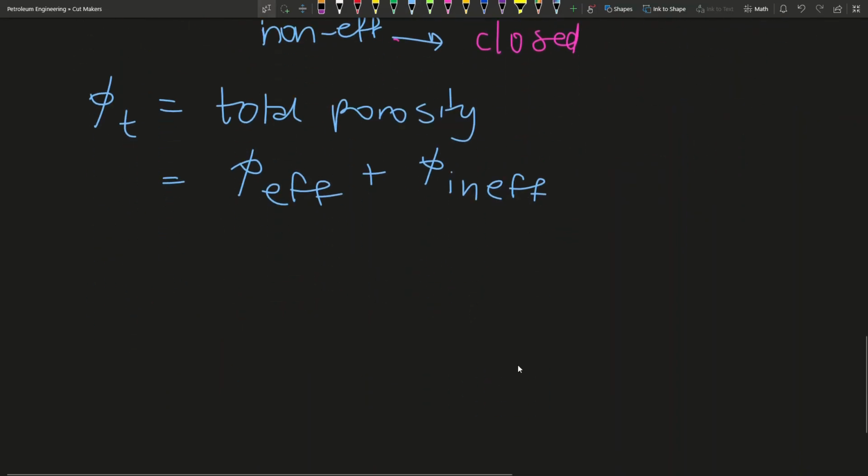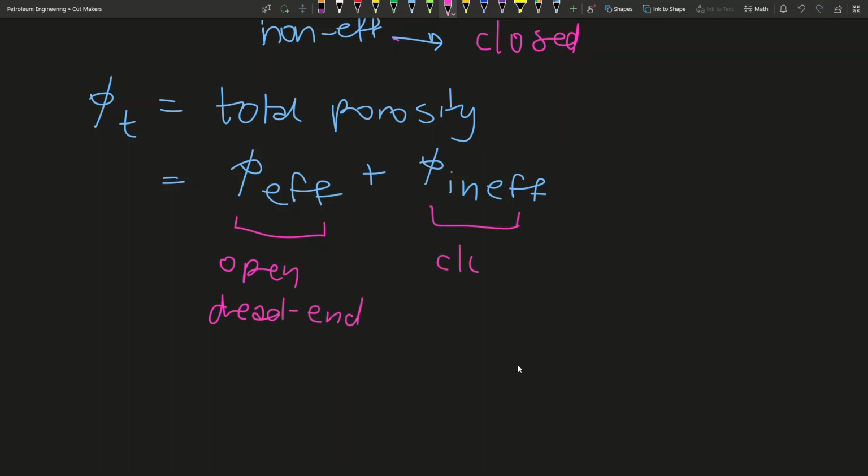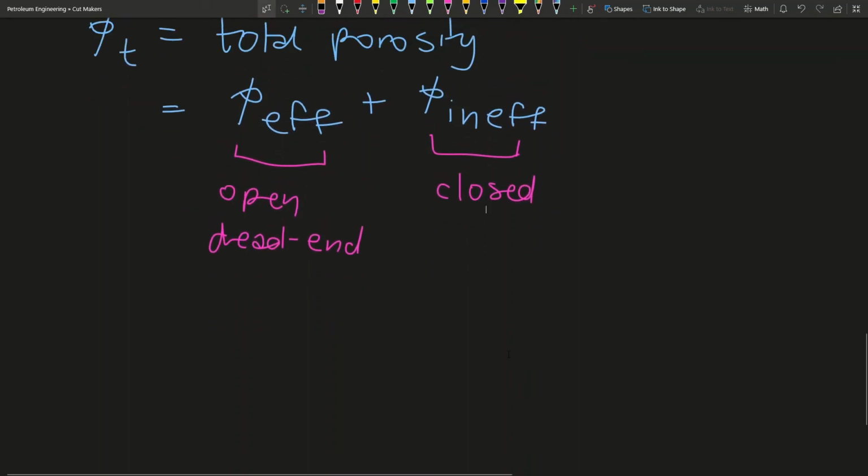So this term over here is referring to the open and dead end pores, and this term over here is referring to our closed pores.